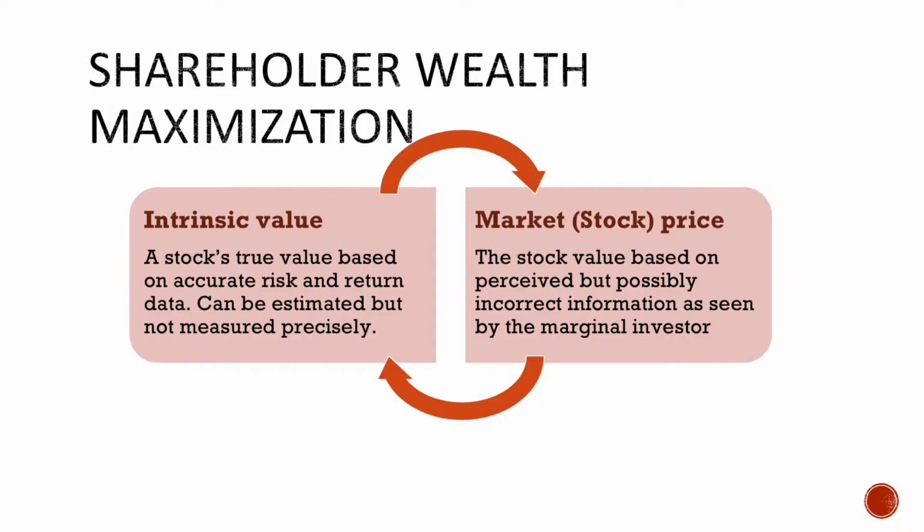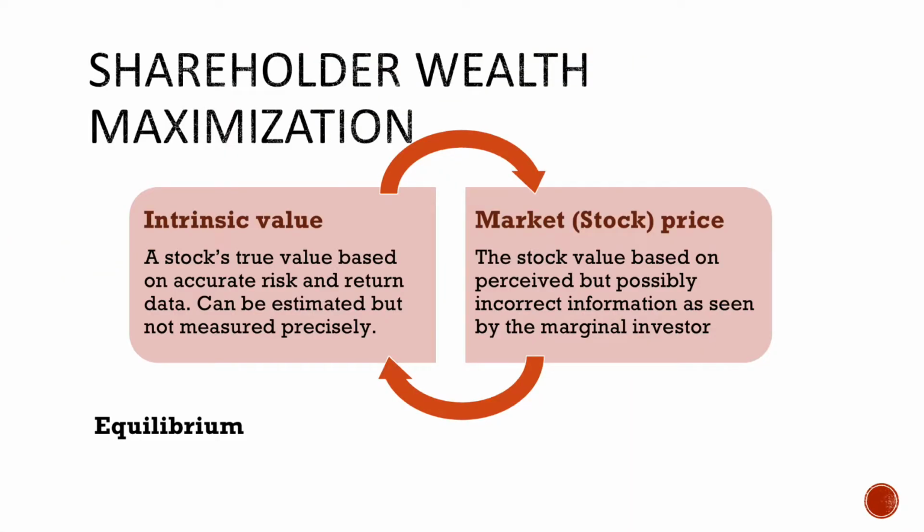Similar to the intrinsic value is the stock price, or the market price. This is the stock value based on perceived but possibly incorrect information as seen by the marginal investor. Again, although ideally we want the two to be the same, they are not necessarily equal.